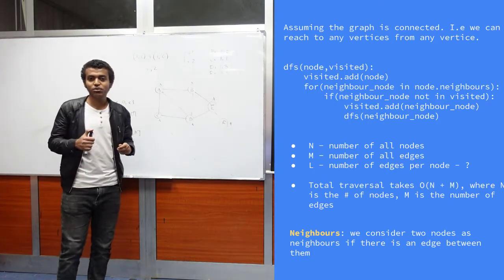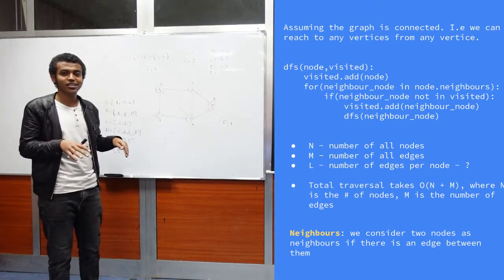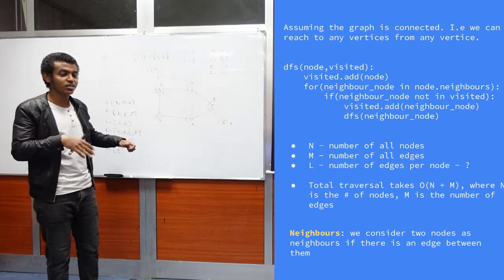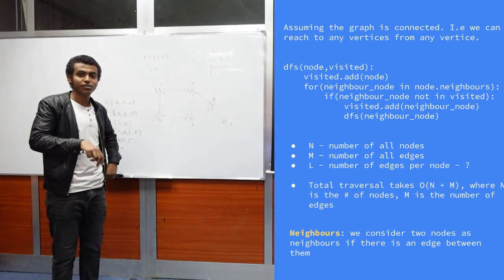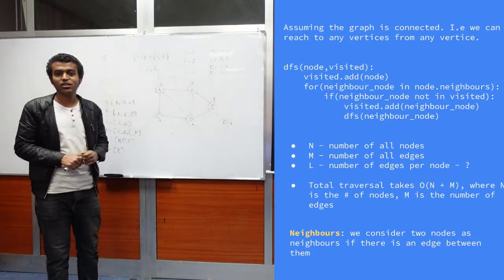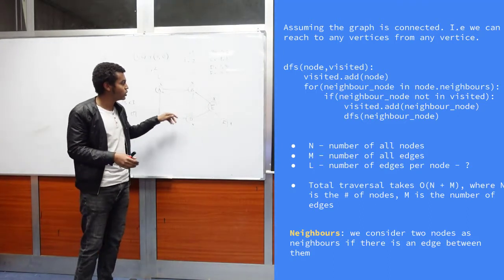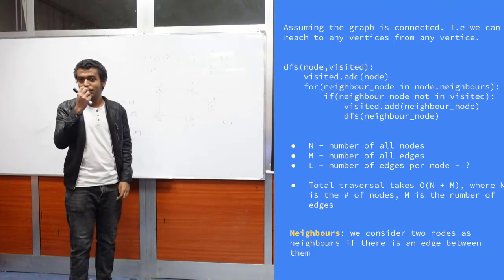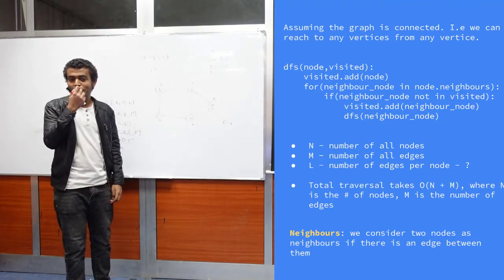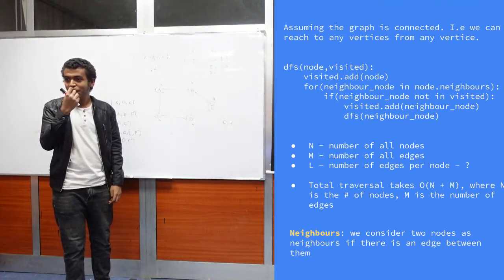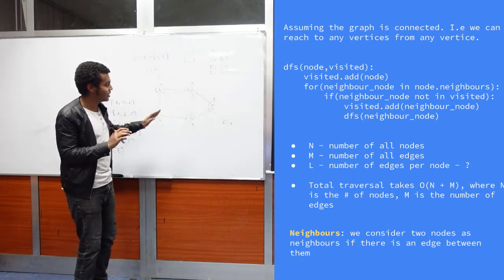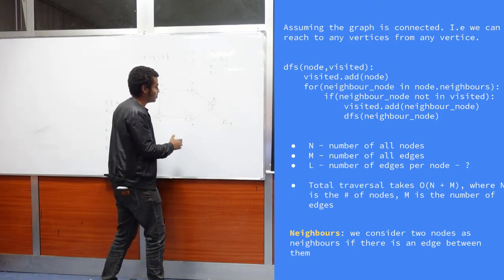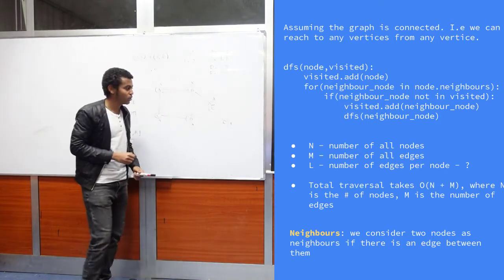Yes, but we assume that everything is connected at the beginning. So if everything is connected, then we will go through every node in that graph with one DFS. Since everything is connected, you can reach any node starting from any node. So this only works if everything is connected. Yes. If not, like let's say this was not here.